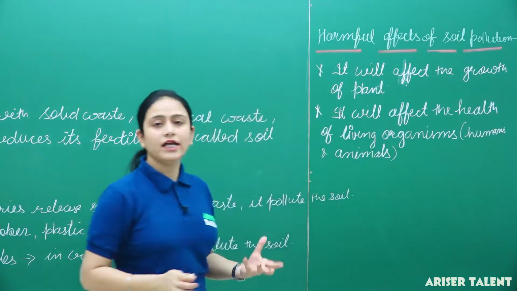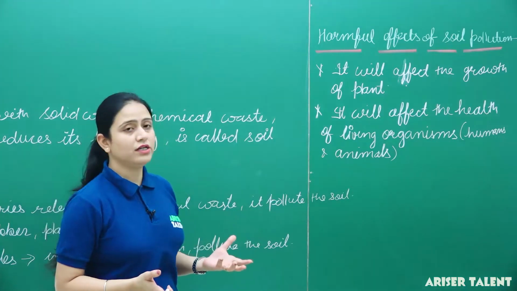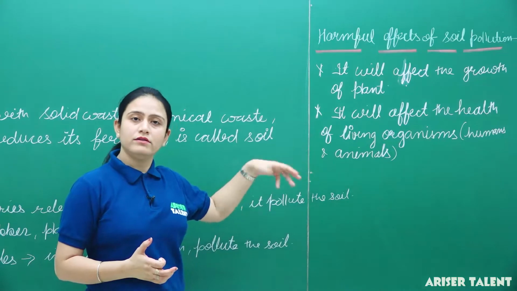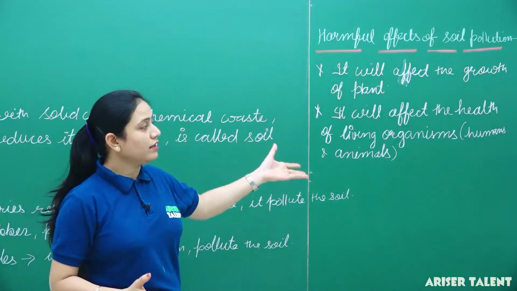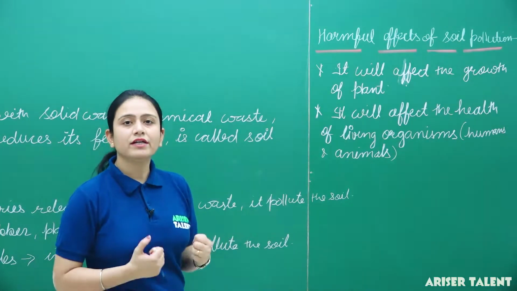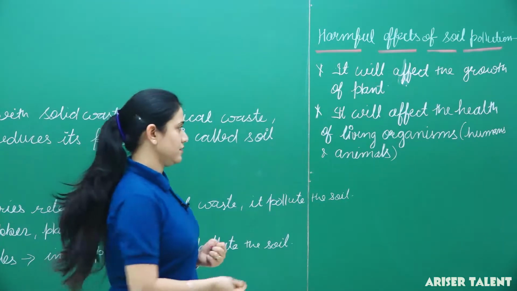How will it affect the health of living organisms? As we all need soil. How do we need soil? We know plants grow in soil. We eat those plants, part or directly the plants, small plants, and once we eat the polluted part of the plant, then it will affect our health. It will make us sick or it may cause many diseases.